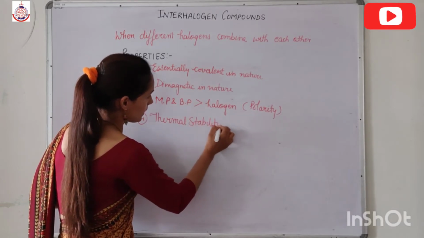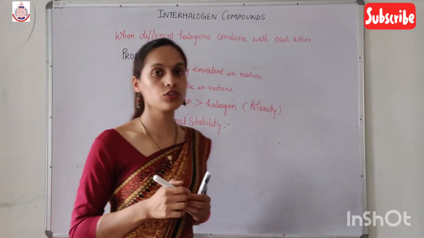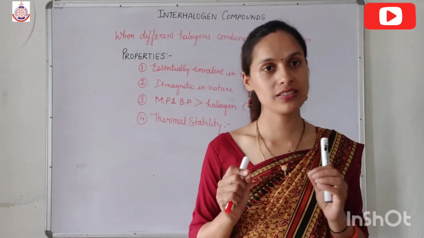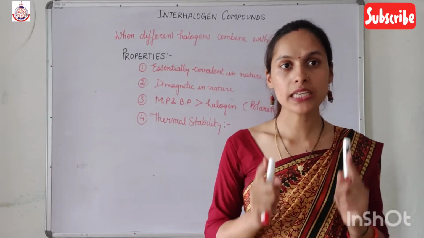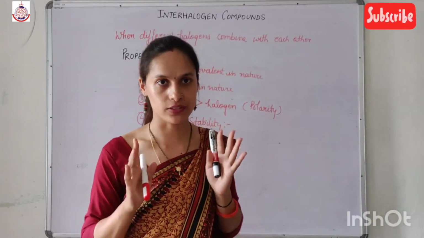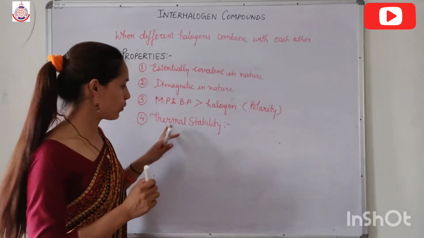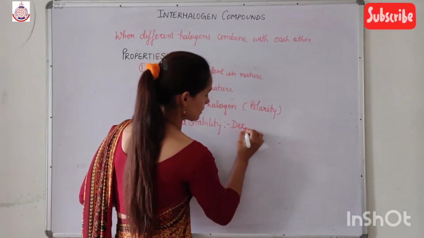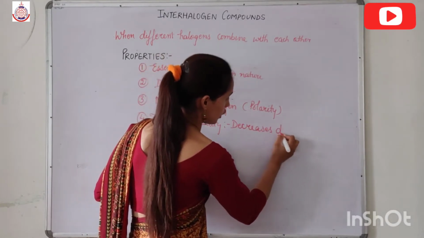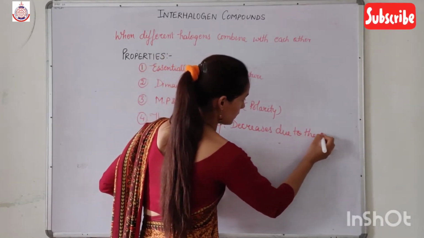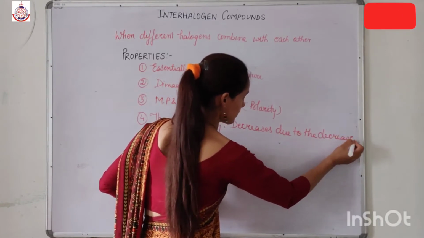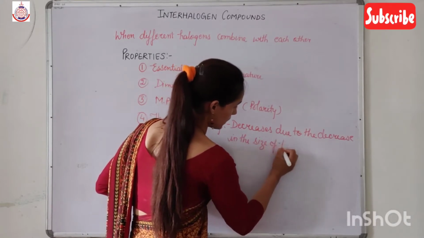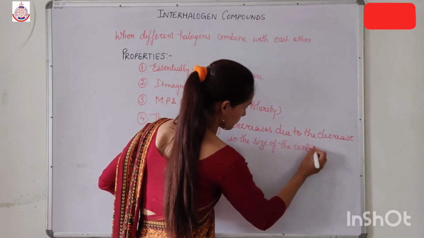Now, the stability of the interhalogen compounds decreases with the decrease in the size of the central atom, due to the electronegativity difference. So what happened? Thermal stability decreases due to the decrease in the size of the central atom.